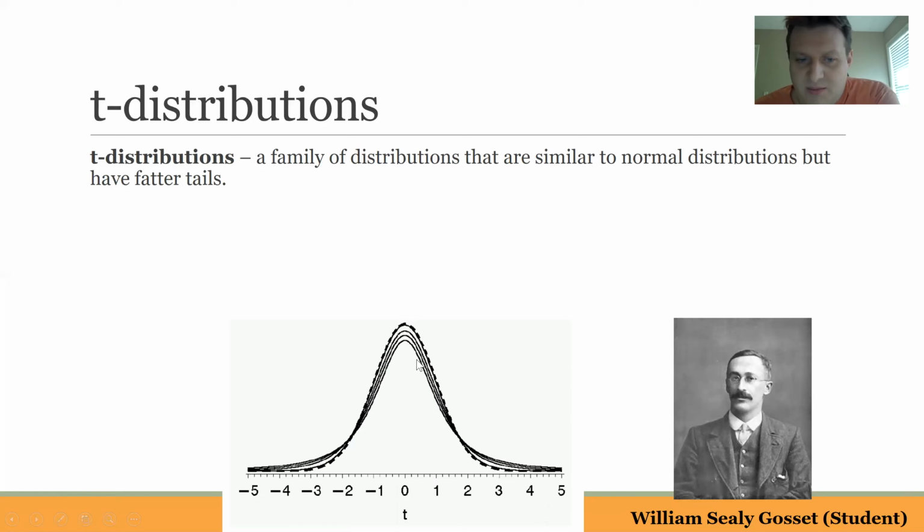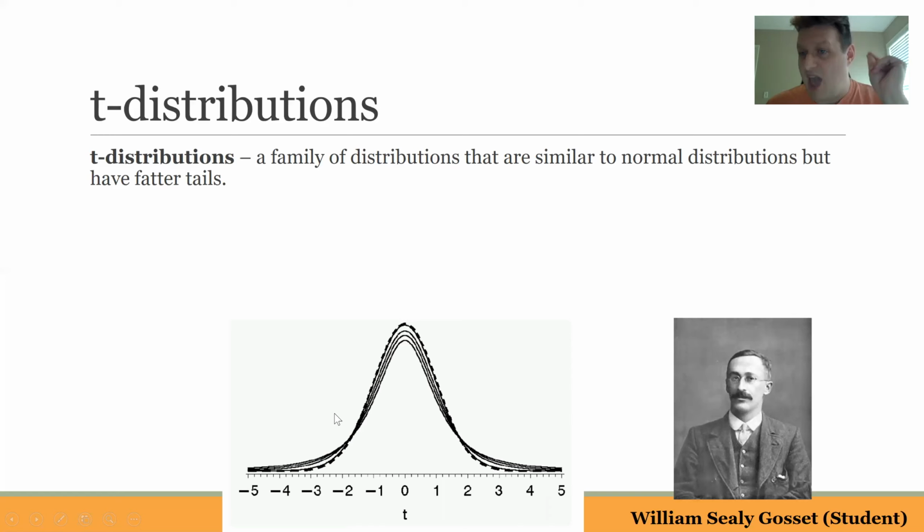Sometimes I refer to t-distributions as just normal distributions with more junk in the trunk, and sometimes that will get a laugh. Recently, I had to use the word thick with 2 C's to get students to be like, ha, ha, ha, that's funny. But yeah, so t-distributions are just like normal distributions, except they have fatter tails and they don't go as high, okay? So that's what's going on here.